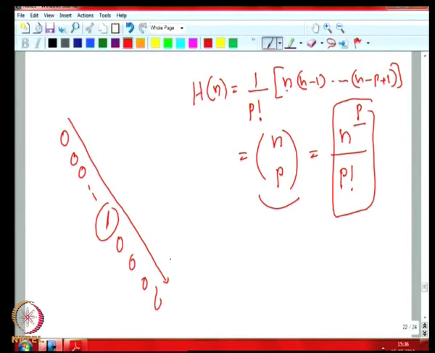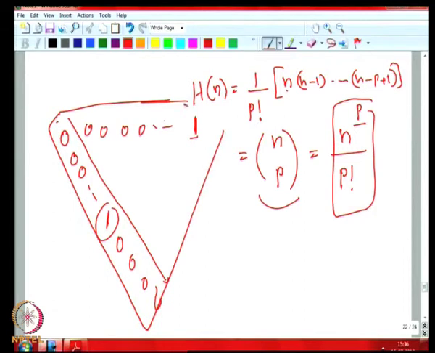We guessed it first, but then we saw that it is satisfying up to the pth term: 0th term, first term, up to pth term. Now we can see that this portion of this difference table is following from that.